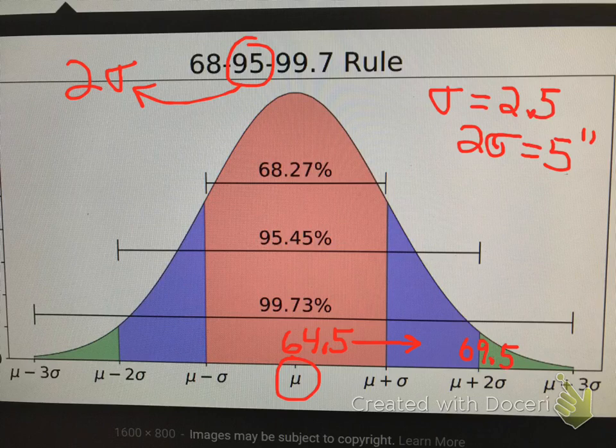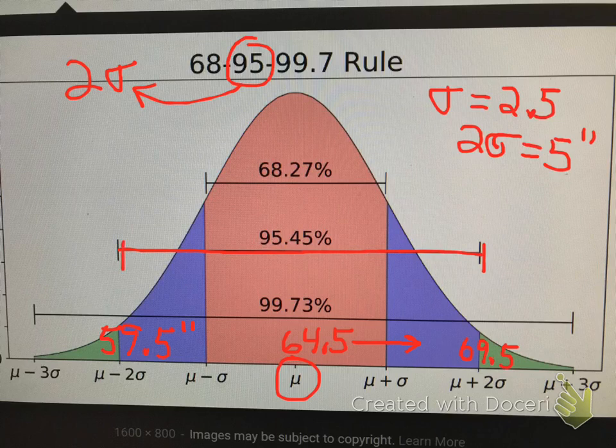And if I subtract 5 inches from that, that gives me 59.5 inches. So that's 4 foot 11.5. Now, 2 standard deviations of the mean is 95% of all women are in that interval.